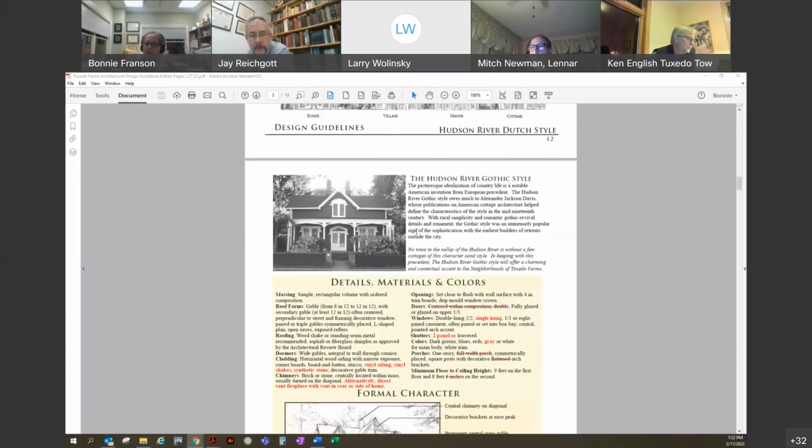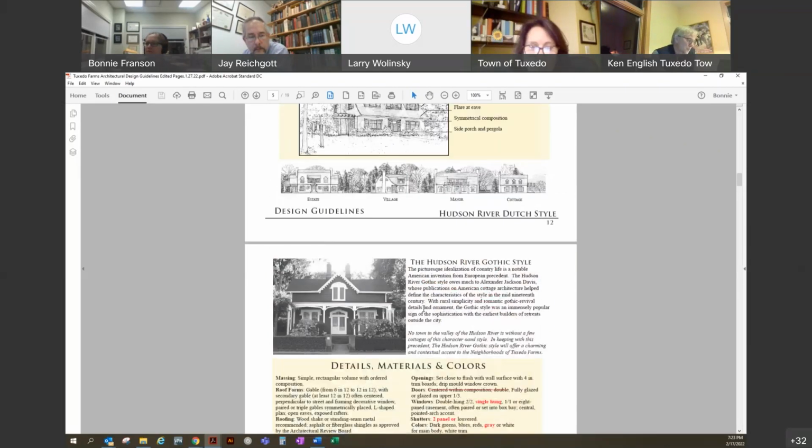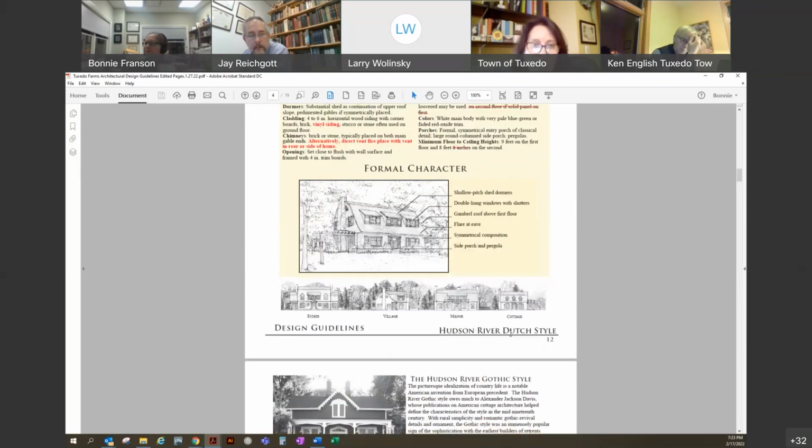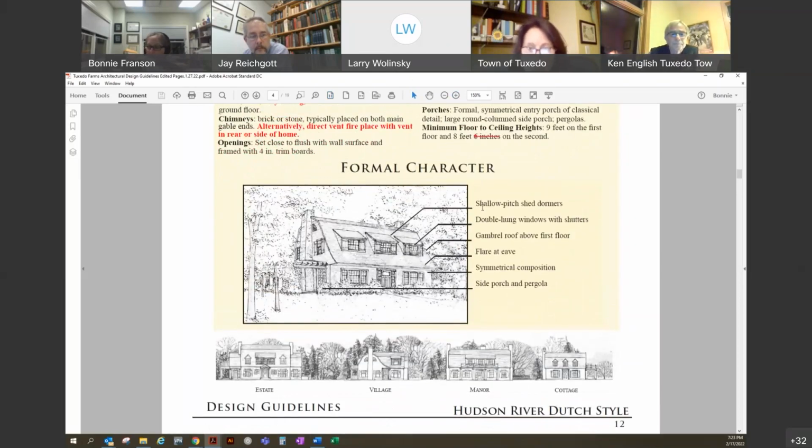And also, Bonnie, as you're going through, I know that some of the styles of these houses, not this Gothic one you're showing now, but some of the other ones, look like the estate homes. Whereas at the bottom of each one, if you scroll up just a tiny bit, you see what the cottage version of that style would look like.